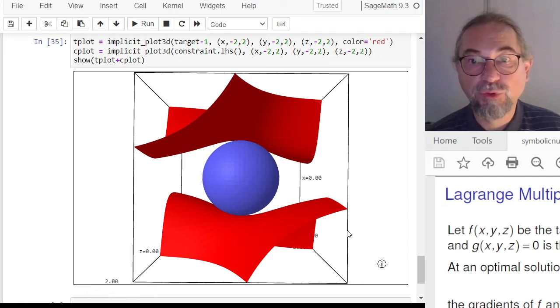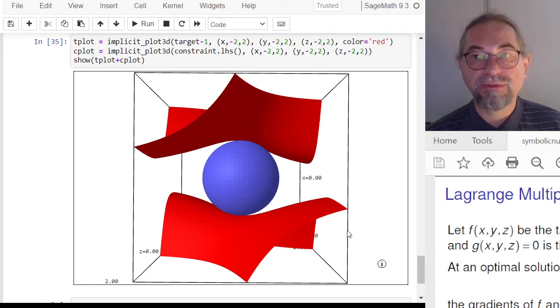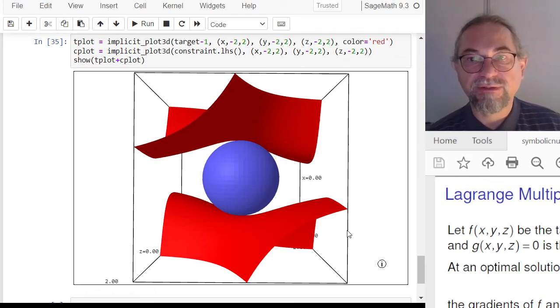So I have 2 maximal values, so 2 points on the sphere for which the target will reach 1. This is a geometric interpretation of this problem. Again, this problem is defined very nicely, taken from a calculus book, so that there is a very nice formal solution.